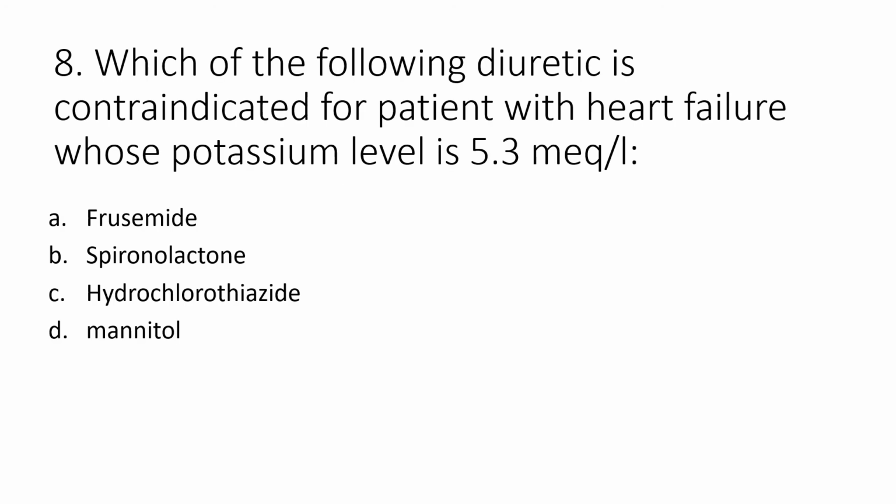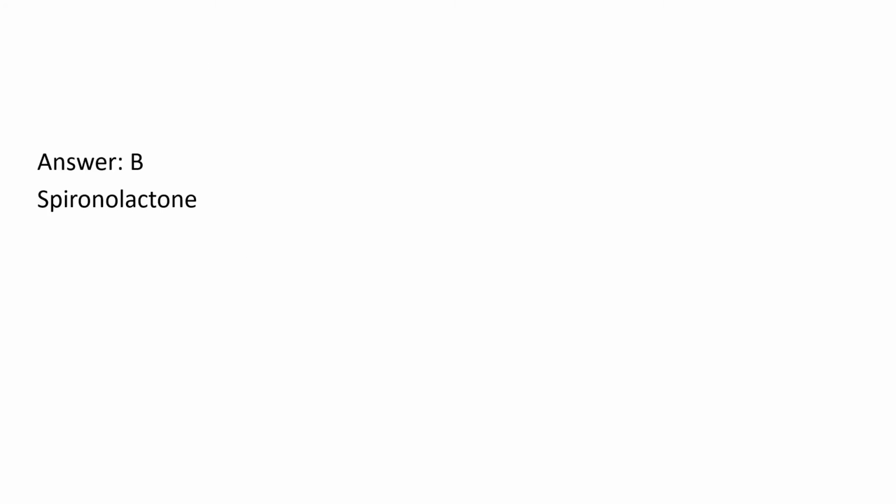Now question number 8, which of the following diuretics is contraindicated for a patient with heart failure whose potassium level is 5.3 milliequivalent per liter? The options are furosemide, spironolactone, hydrochlorothiazide, and mannitol. And the correct answer is spironolactone.